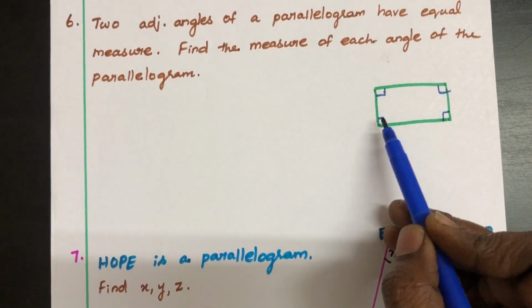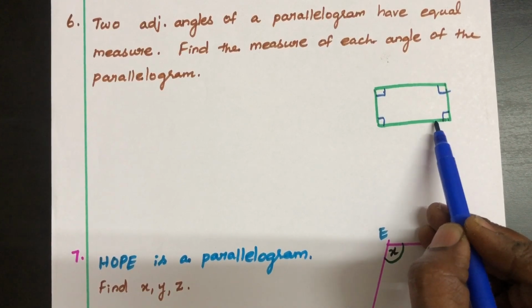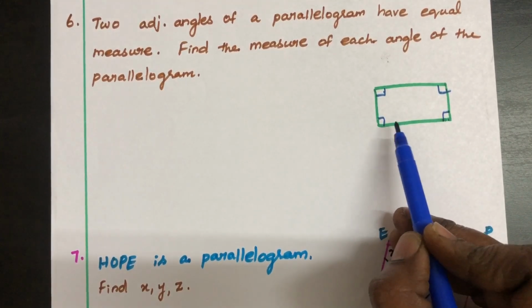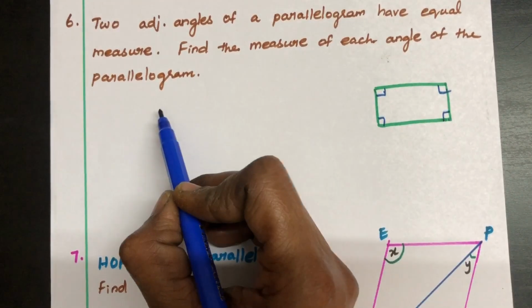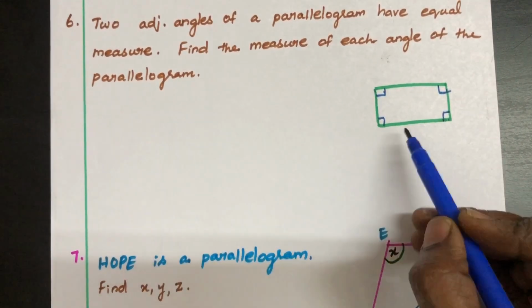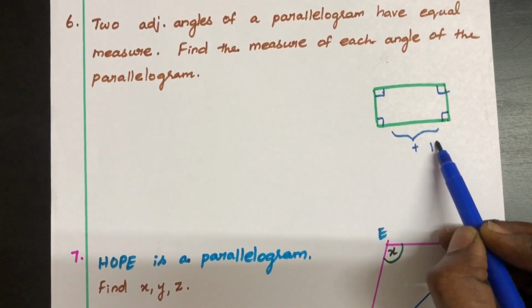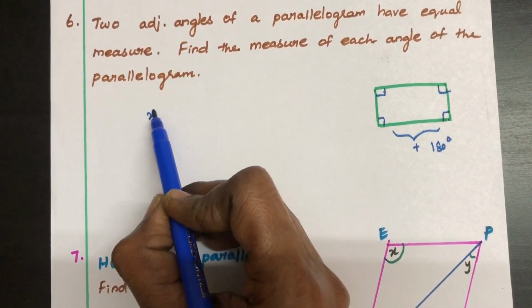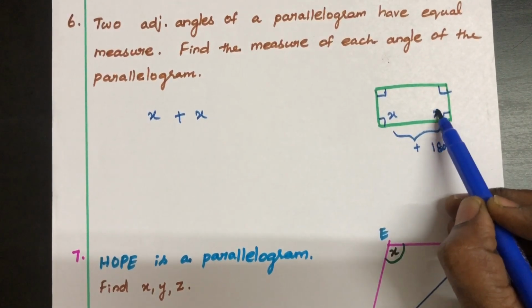They are telling that two adjacent angles of a parallelogram have equal measure. Also, we know that by property, the adjacent angles are always supplementary. Supplementary means if you add these two angles, it will give you 180 degrees. If it is x, this is also x.